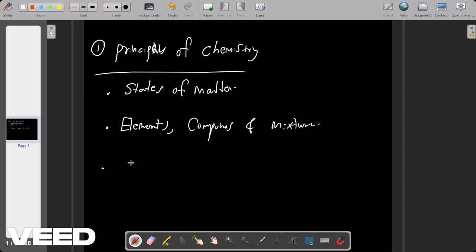And then we are moving on to atomic structure. I think in grade 8, you are learning a bit about these things. Then the periodic table.